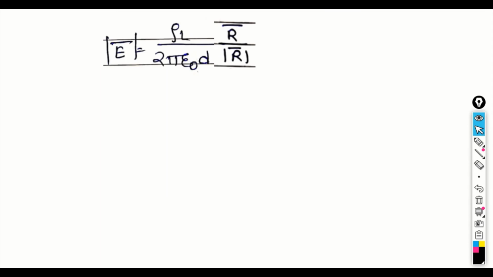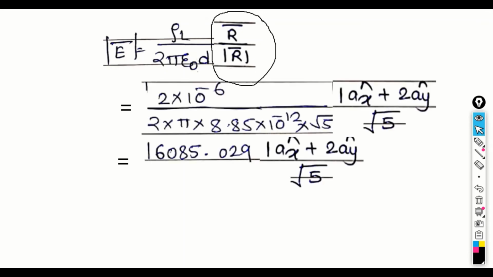Use the formula for infinite line charge distribution, the electric field intensity, which will be equal to rho L upon 2 pi epsilon 0 d. If I want to write the magnitude, it is not necessary to multiply by the unit vector. If I want to calculate the vector electric field intensity, I will multiply it by the unit vector.